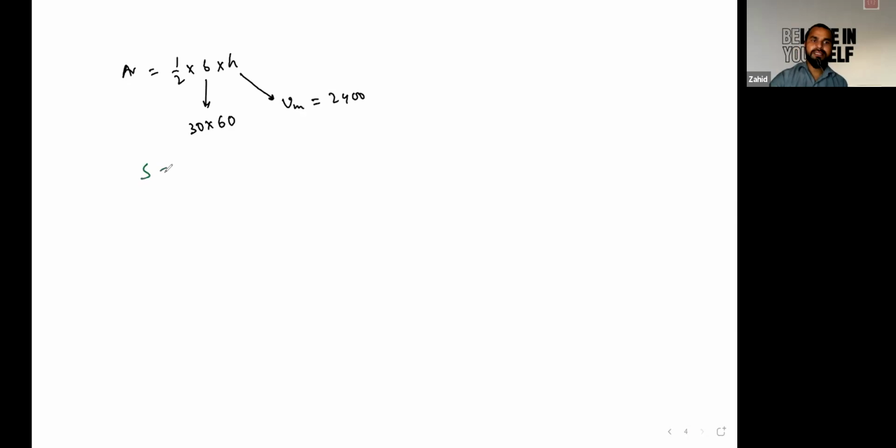So it will be S is equals to half into 1800 into 2400. This whole term will give you in terms of meter. So if I divide this particular whole term by 1000, it will convert into kilometer. Is it clear? Now this 30 would cancel out from this.